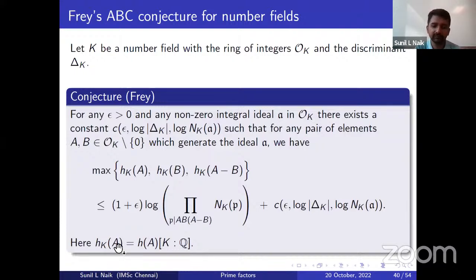Here the height h_K(A) is the height of A times the degree of the extension.